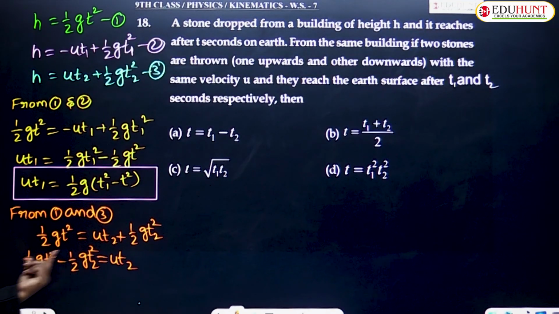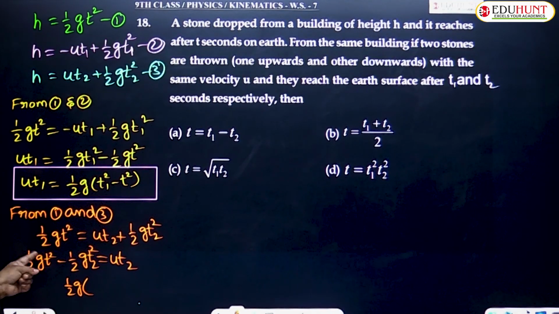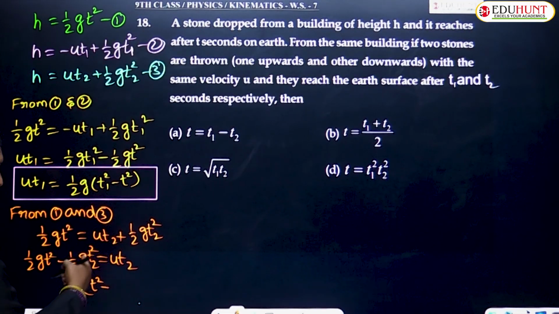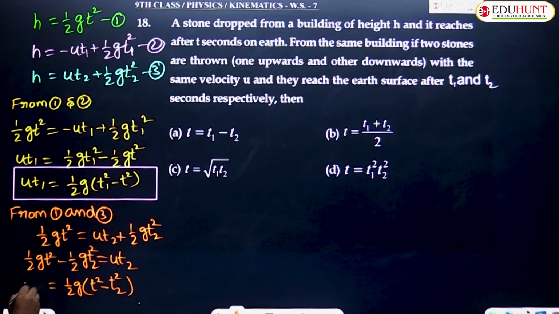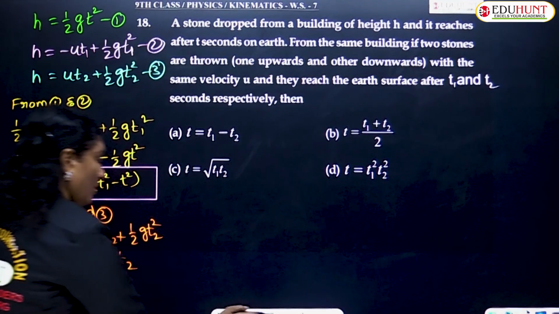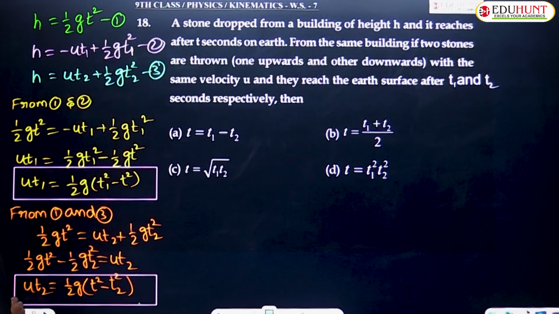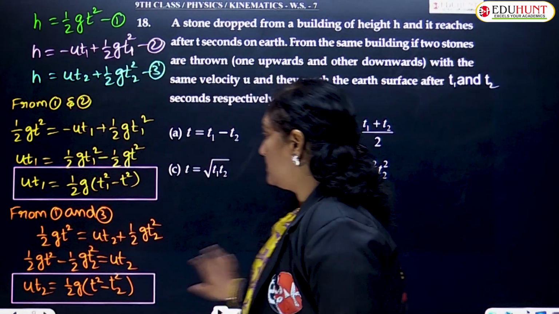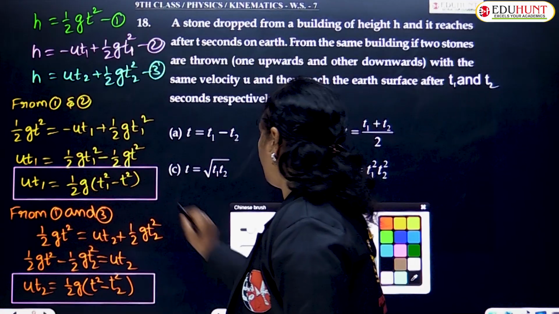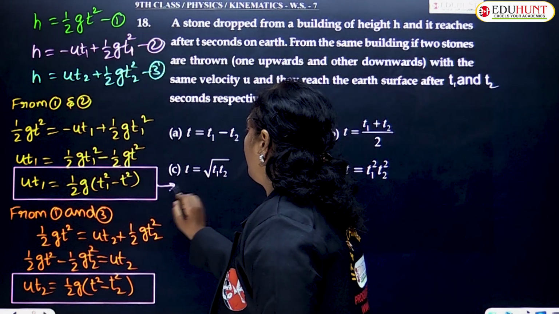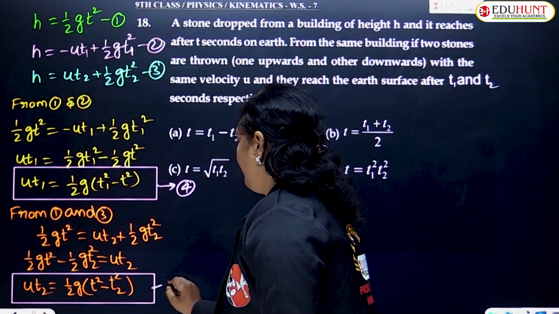Here also, if you compare these two, what is common? Half g is common. Taking half g as common, you are left with t square minus t2 square is the value of ut2. Again, so two relations we got. Let me also name these equations: let this be the fourth equation, and this be the fifth equation.